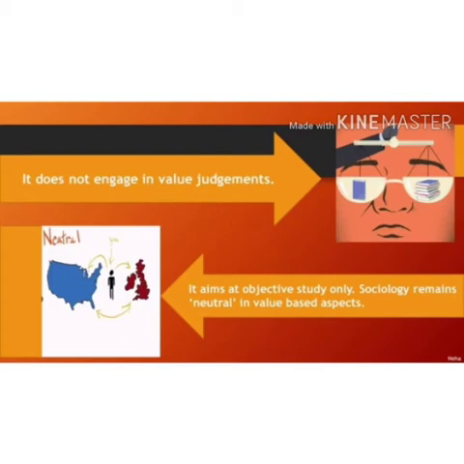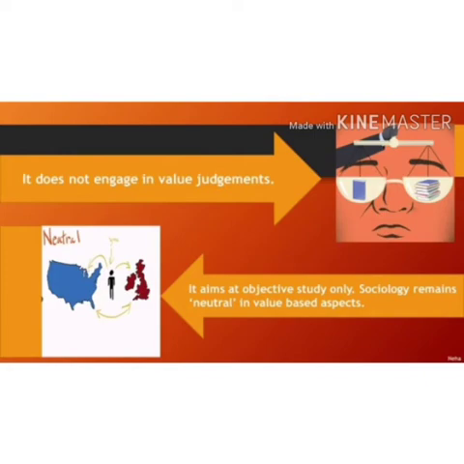It cannot label any research as good or bad in terms of one's standards or priorities. It aims at objective study only. Sociology always remains neutral in value-based aspects. It cannot give any judgment that this is good or this is bad.